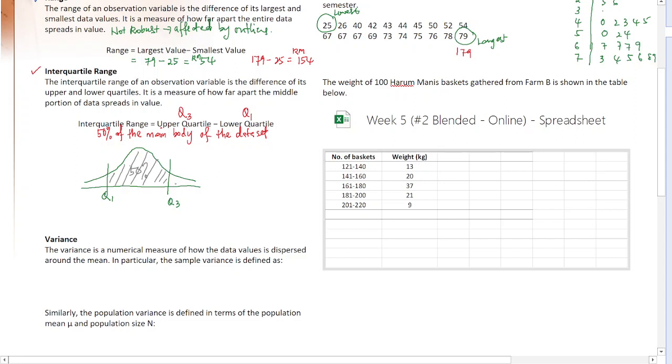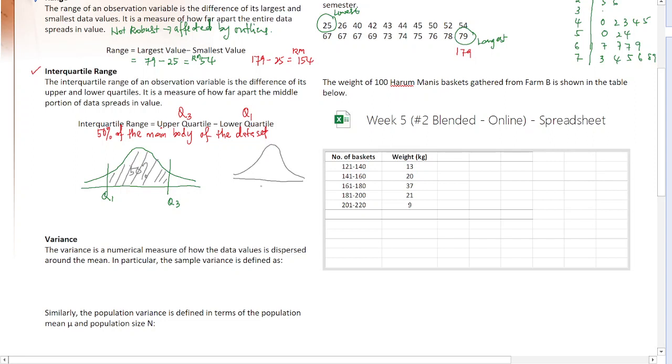So when you calculate the interquartile range, the smaller the interquartile range, the less dispersed the data will be. Why is that? Let's say we compare these two distributions. One looks like this.